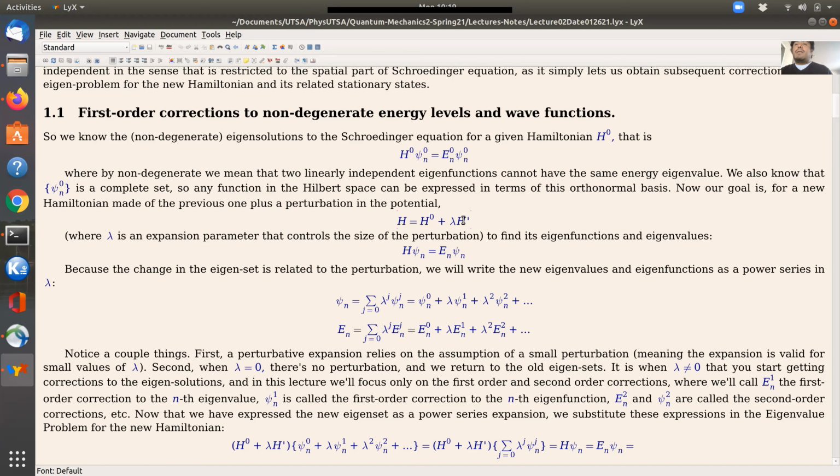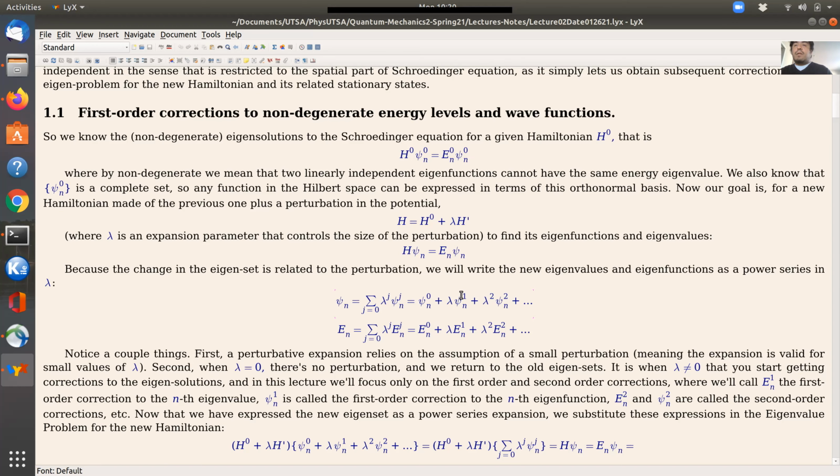So what you're doing is, perhaps as I make the perturbation bigger by making the value of lambda bigger, the effects of the perturbation will be more noticeable. And so it makes sense to make this expansion. The expansion identifies that the perturbation will affect how the true eigenfunctions and eigenvalues are constituted. Also, most importantly, you have subsequent corrections at each order.